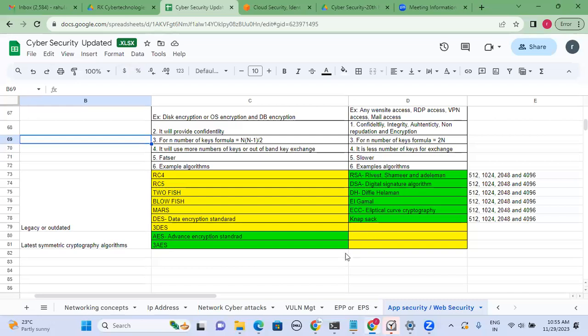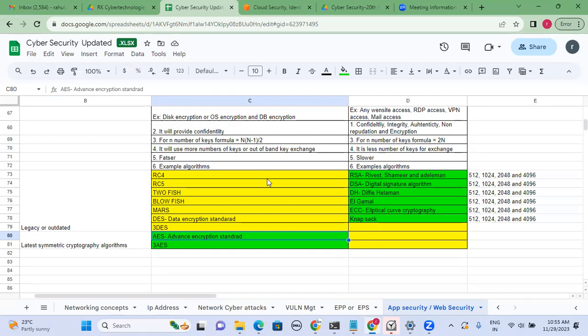When you say combination: AES plus Diffie-Hellman, 3AES plus RSA plus Diffie-Hellman, ECC plus Diffie-Hellman plus AES, these combinations are also possible. We can use those because both are strong encryption algorithms or strong ciphers. So that's all about the symmetric versus asymmetric cryptography algorithm side.